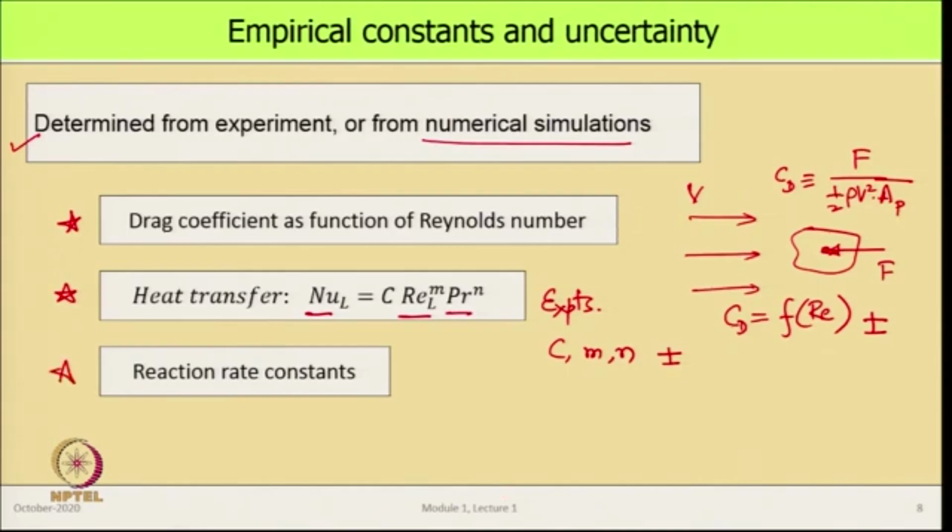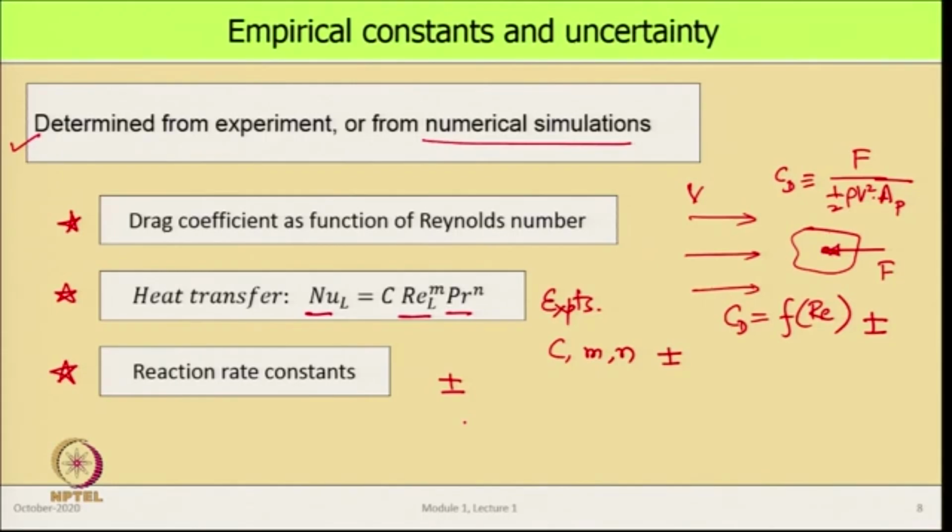Similarly, in chemistry and chemical engineering, you will come across reaction rate constants. These are again determined from experiments, from physics and physical phenomena, and they all have a certain plus minus value, but in our calculations we take that value, treat it as almost being like a constant if justified, and proceed with the analysis.